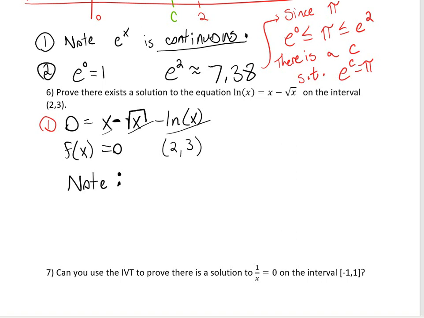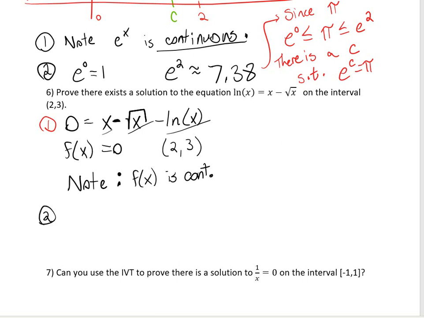All three are continuous between 2 and 3. So if you subtract continuous functions, then f of x is continuous. Have to note that. If 2 or 3 were negative numbers, we couldn't use this because the natural log and the square root aren't defined for negatives.